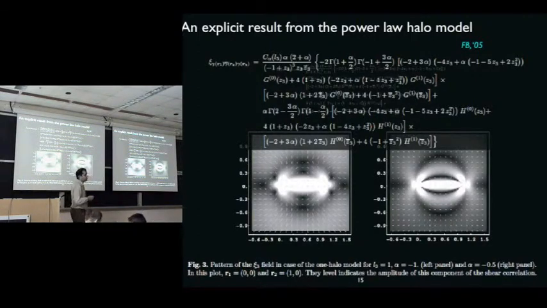Something I didn't say: from a symmetry aspect of the shear, you have different components. If you think of the shear field as a complex number, gamma 1 plus i gamma 2, then you build spin 2 or spin 6 objects.